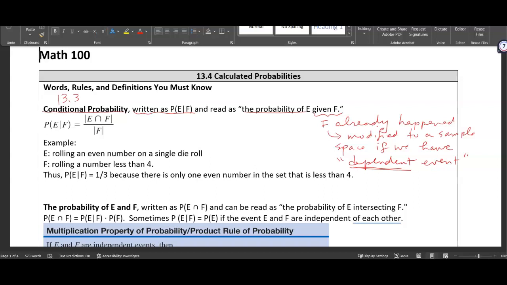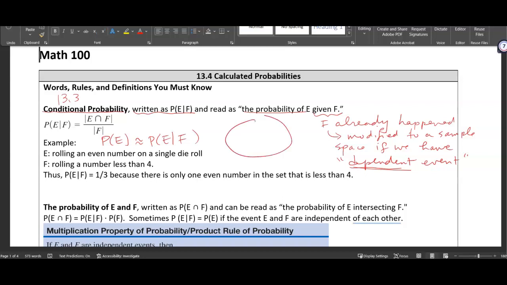So given or not, it doesn't matter. In pictures, how is the probability of the event different from the probability of the event given F? They are actually equal if it's an independent event, because the probability of E is not affected by F.